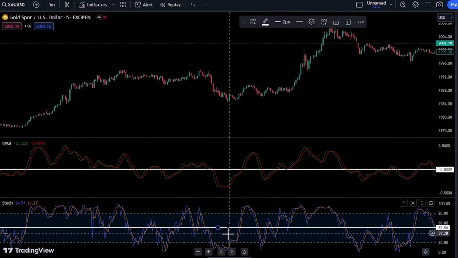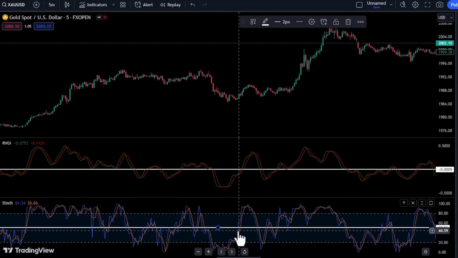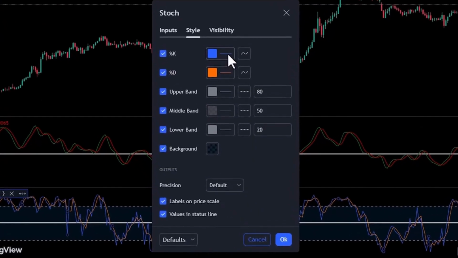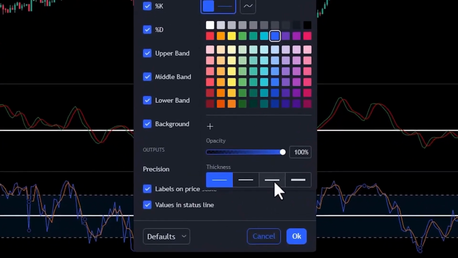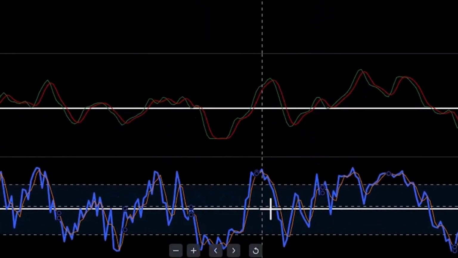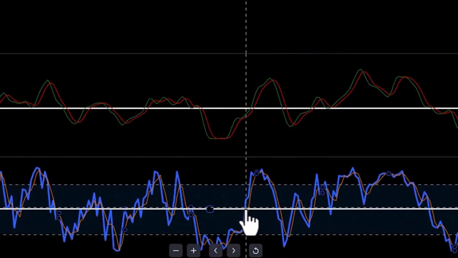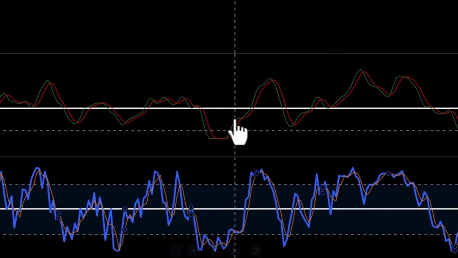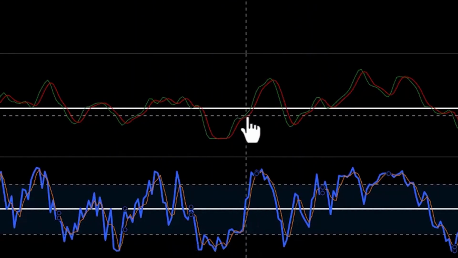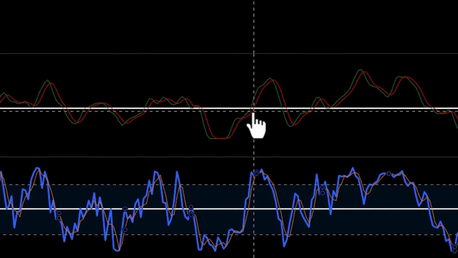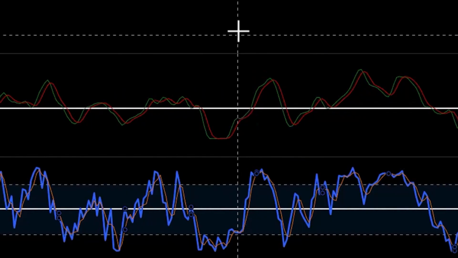And when the K% or the blue line breaks above the 50 point and the RVI line is above the signal line, it is considered a buy signal for us.